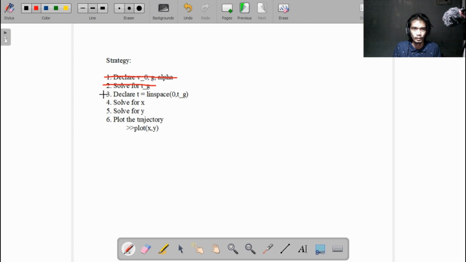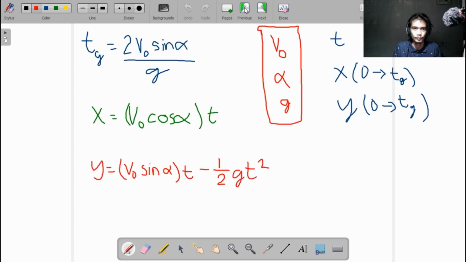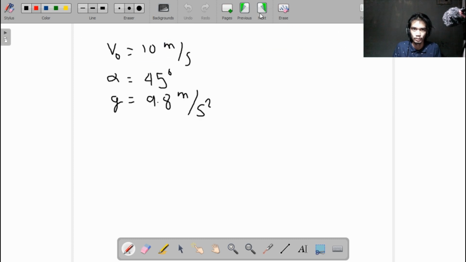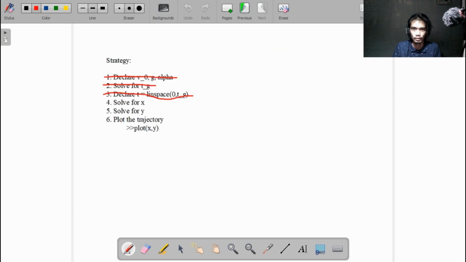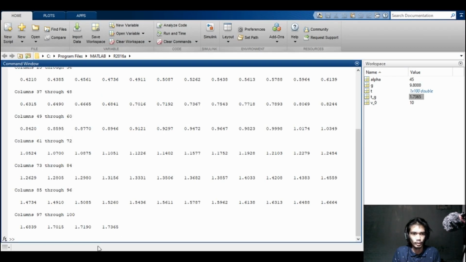Okay, so cancel natin na to, and then let's solve for x. So yung x natin is equal to v0 cosine alpha times t. So here in MATLAB we have x is equal to v0 times the cosine of alpha, and then multiply the entire thing by t.